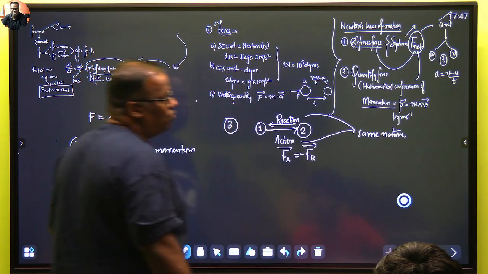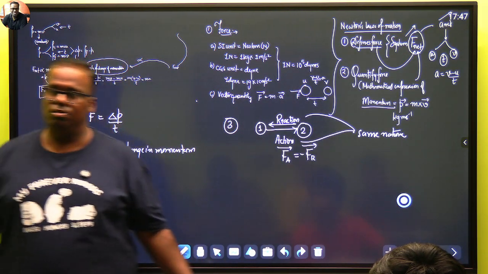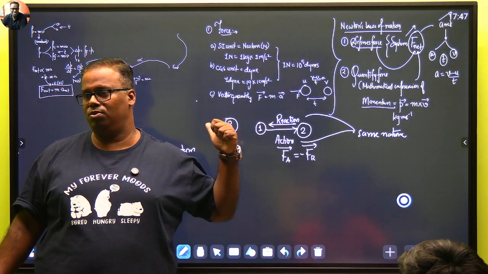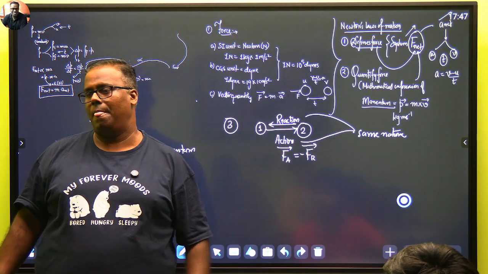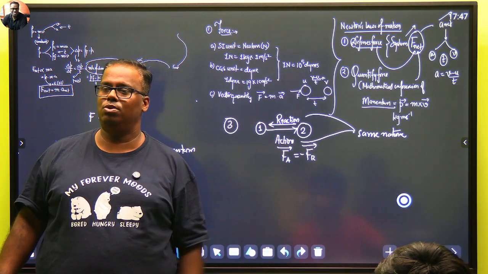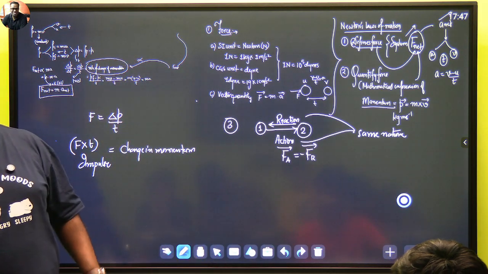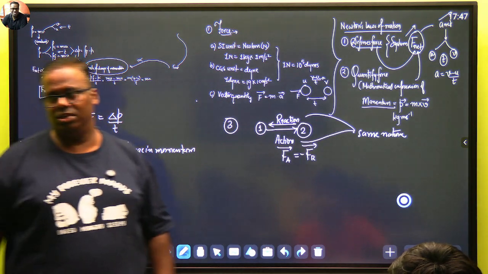If gravitational force is action force, reaction force also has to be gravitational. If electromagnetic force is action force, reaction force must be electromagnetic. If action force is muscular, reaction force should also be muscular. It has to be. Otherwise, they do not constitute an action-reaction pair.